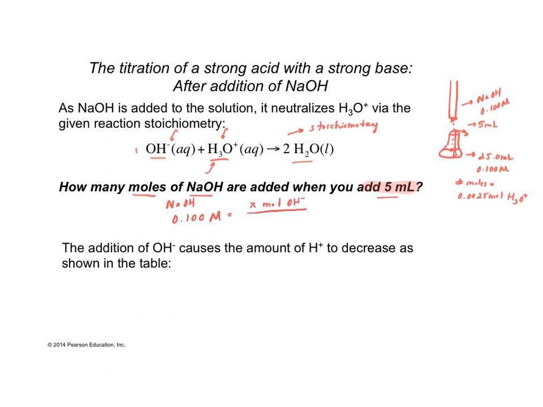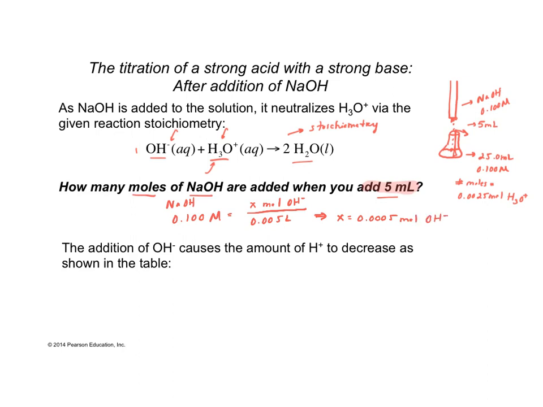Again, we take our 5 milliliters and convert it to liters, so that is 0.005 liters. Now if we multiply the concentration by the volume, we get the number of moles of sodium hydroxide added. That ends up being 0.0005 moles of OH minus.